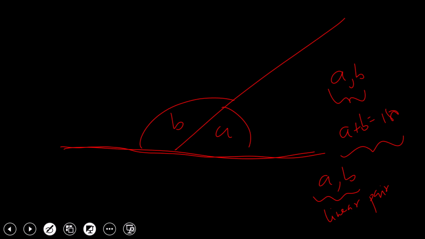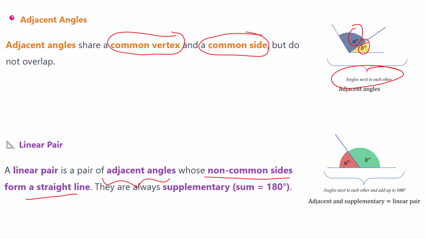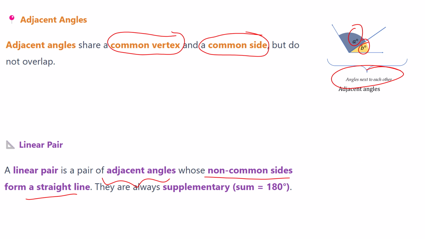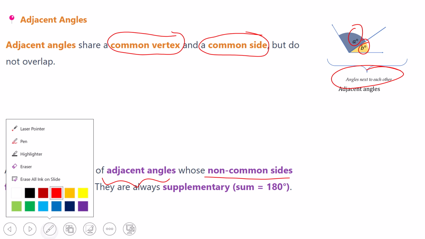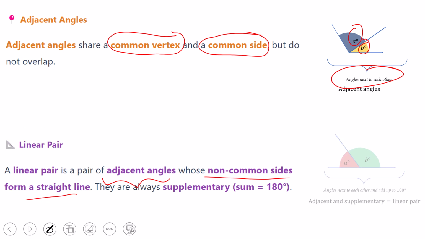Again, for there to be a linear pair, the two angles have to be adjacent and supplementary. That is, they have to add up to 180 degrees. So when two angles are adjacent and supplementary, then they are a linear pair.